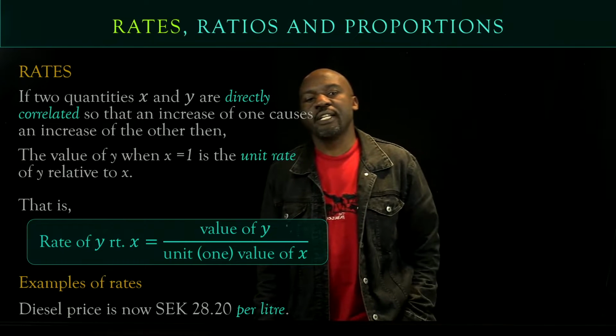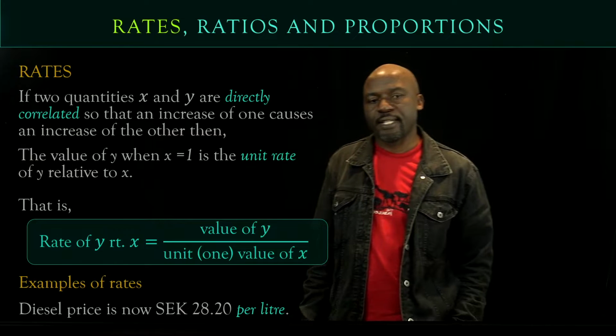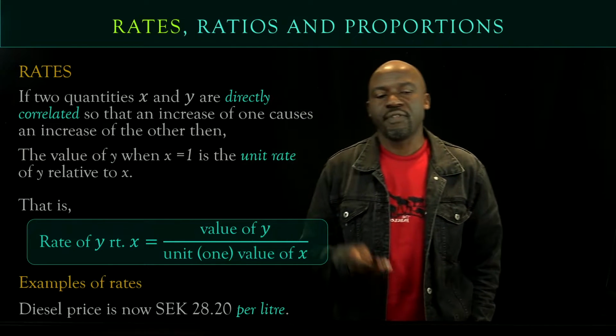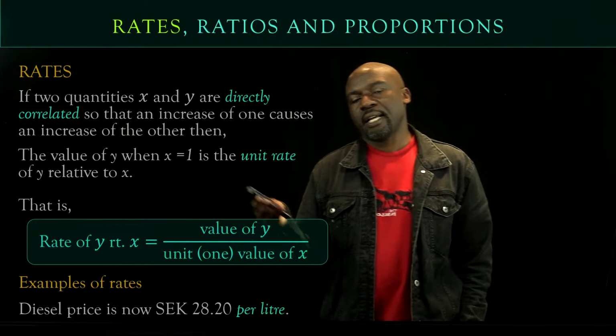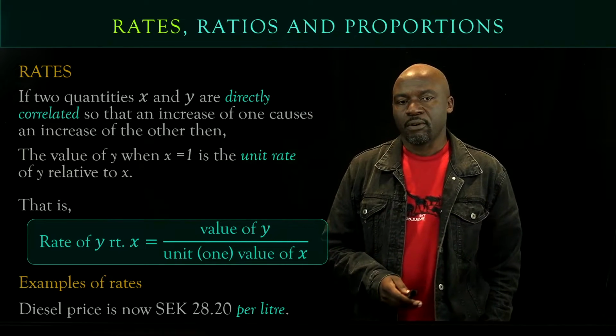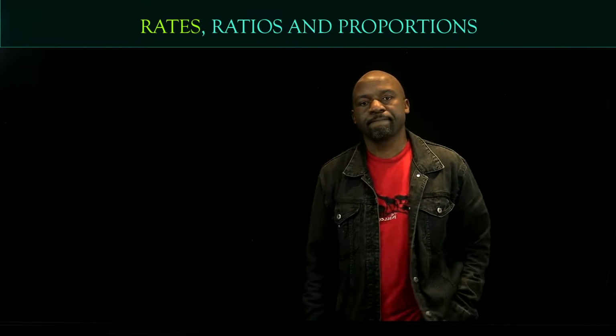So for every liter, you pay 28 krona and 20 cents. These are referred to as unit rates: the cost per liter, the pay or the wage per hour. So the denominator is 1.